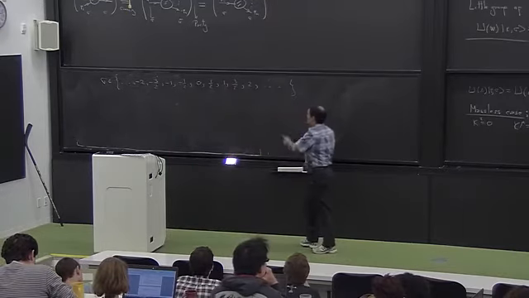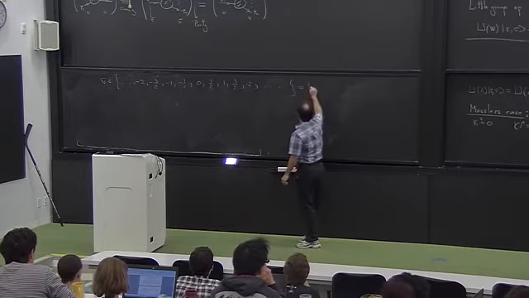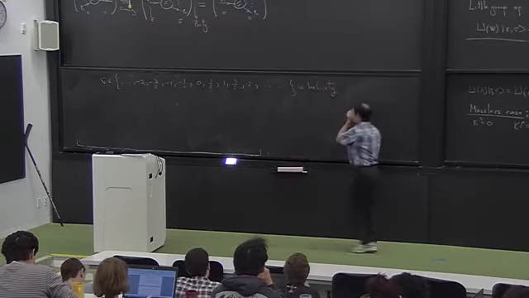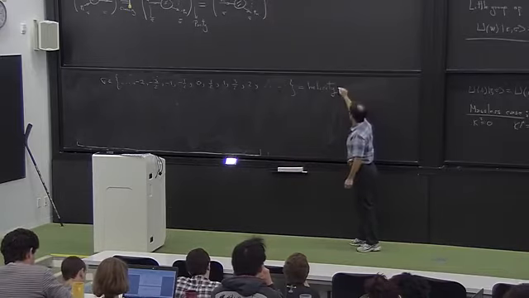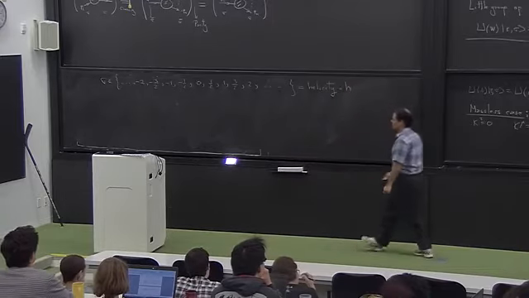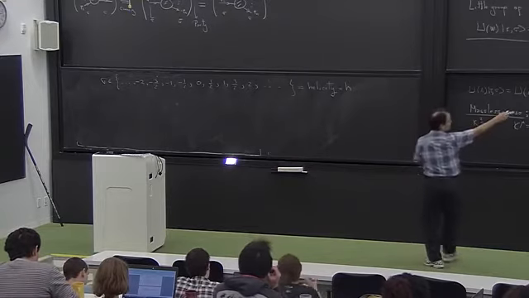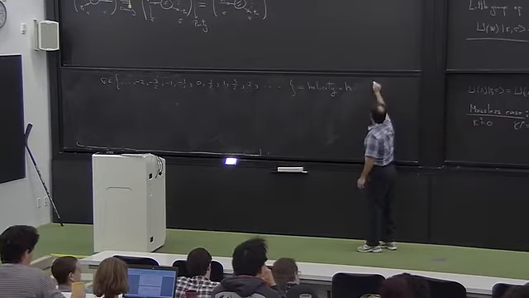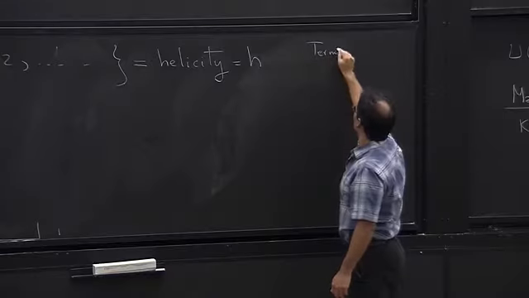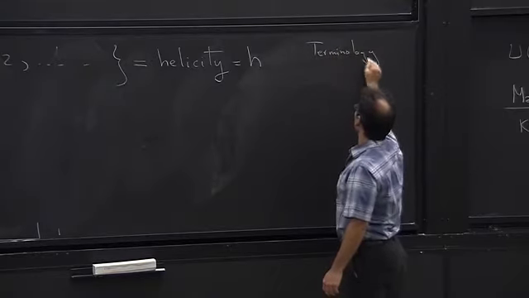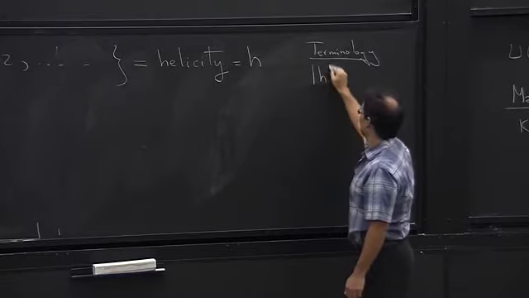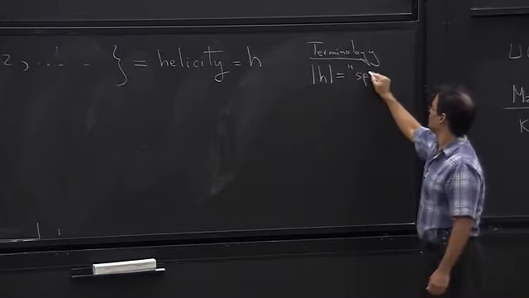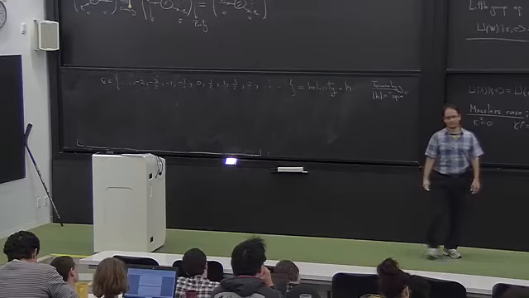Okay. And this number has a name. It's called helicity. Some people like to say that I would like to call this H in this particular case. As in the previous case, we call it S. And some people, this is terminology, like to call the absolute value of H the spin.